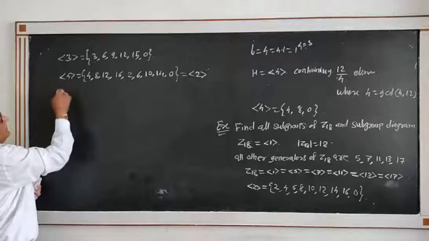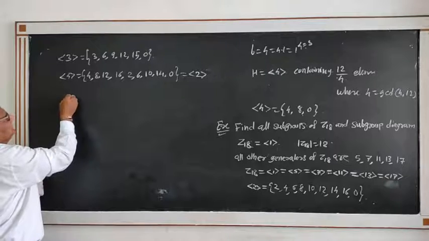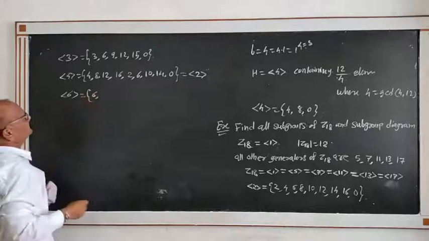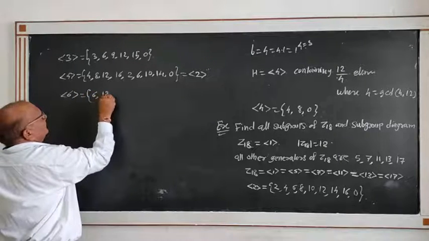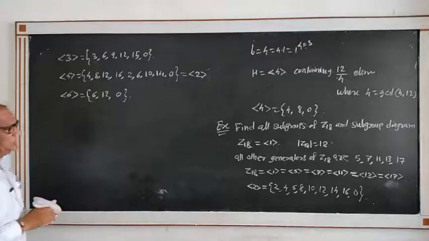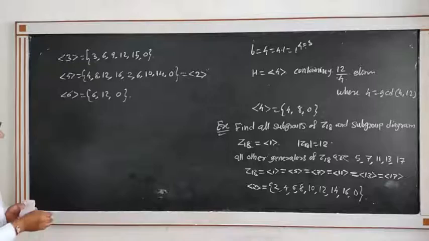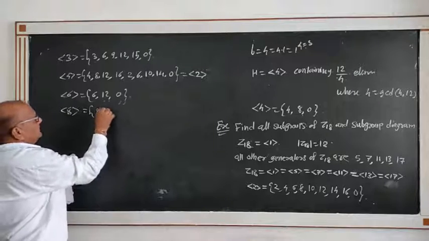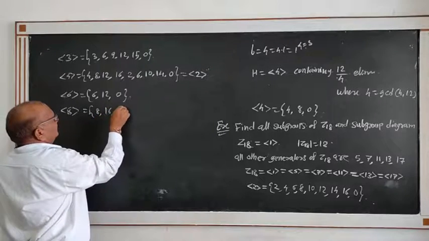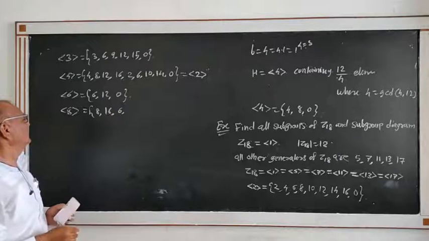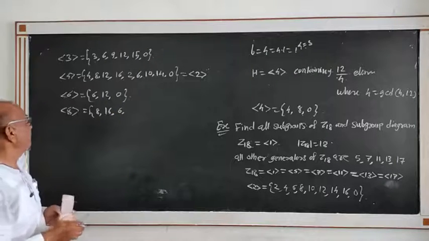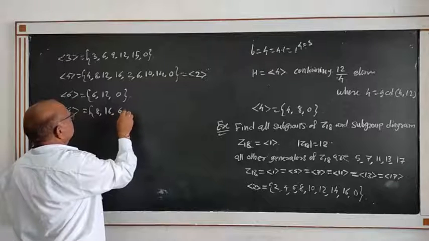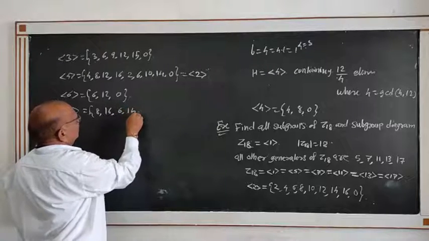Now 6, then 12, 0. Now generated by 8: 8, 16, then 6, 14.